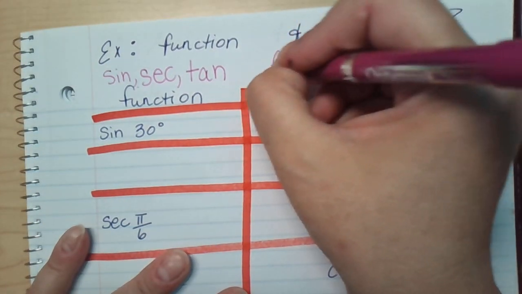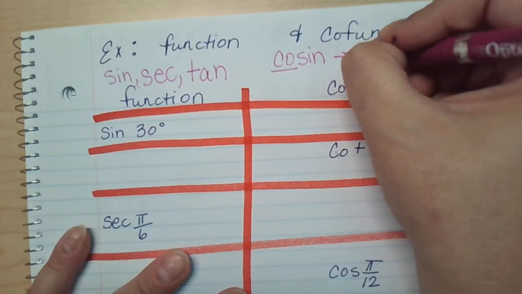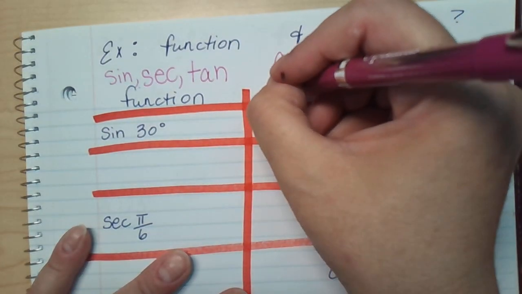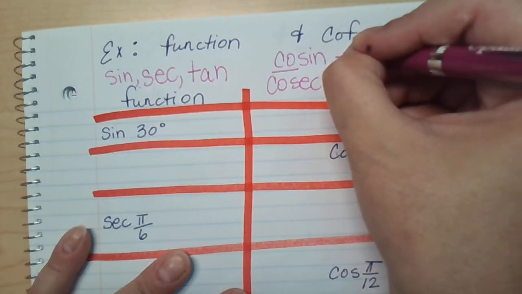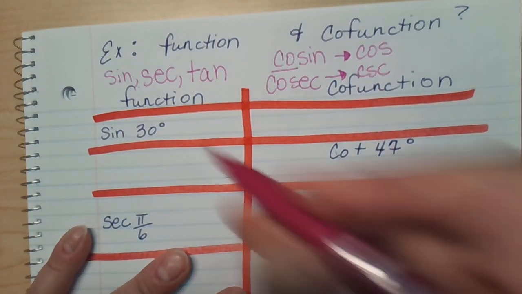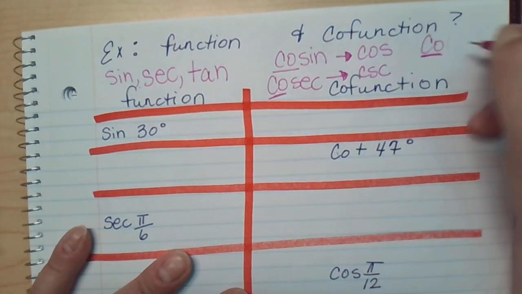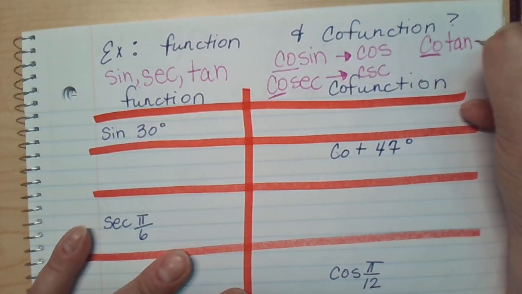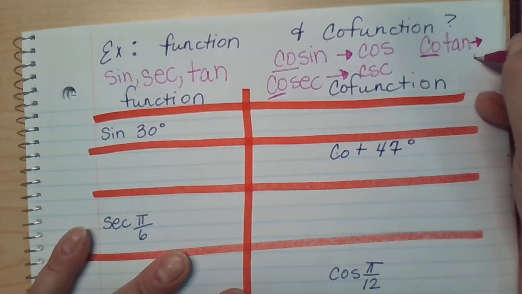So cosine, that makes COS, or cosecant, what does that make? CSC. What about cotangent? What's his abbreviation? COT.